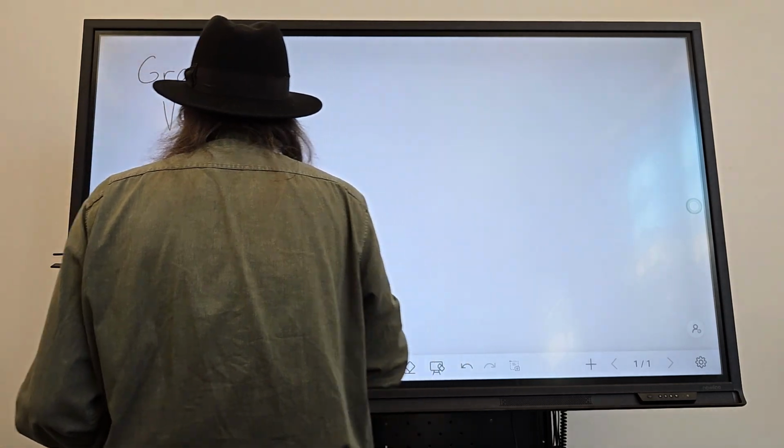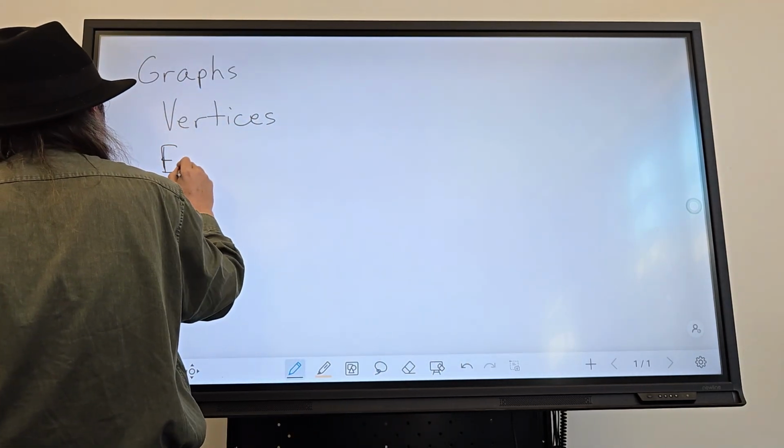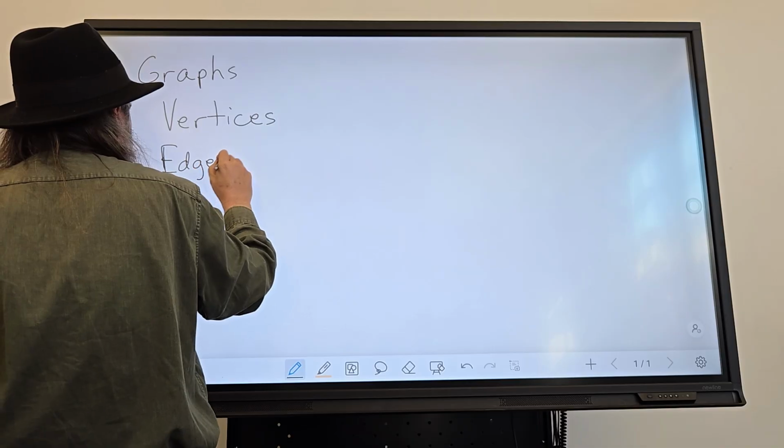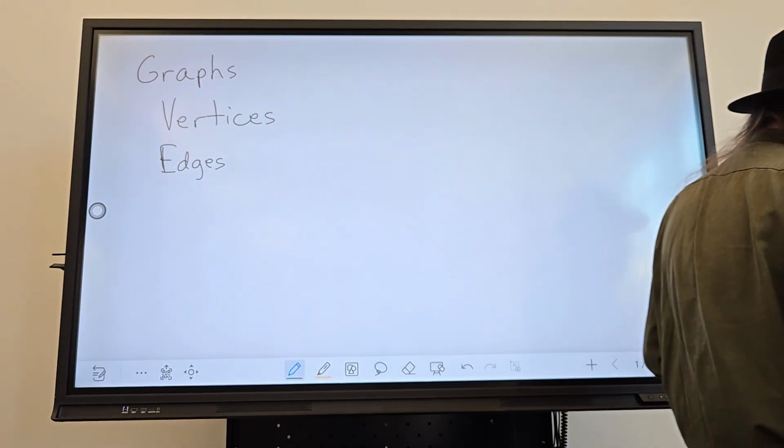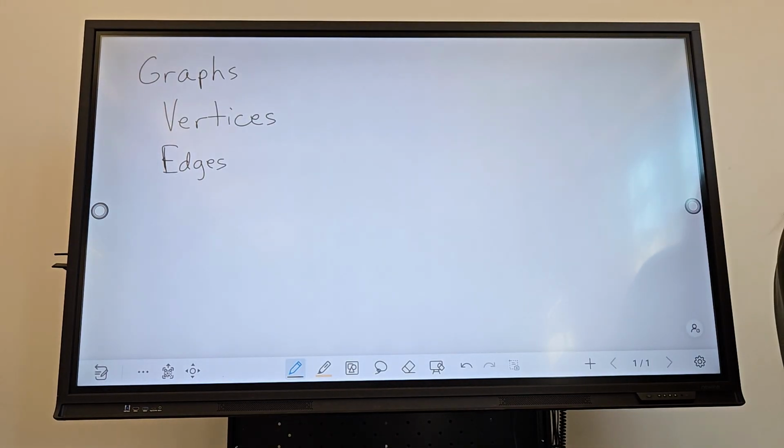The edges may be straight or curved, and should either connect one vertex to another or a vertex to itself.